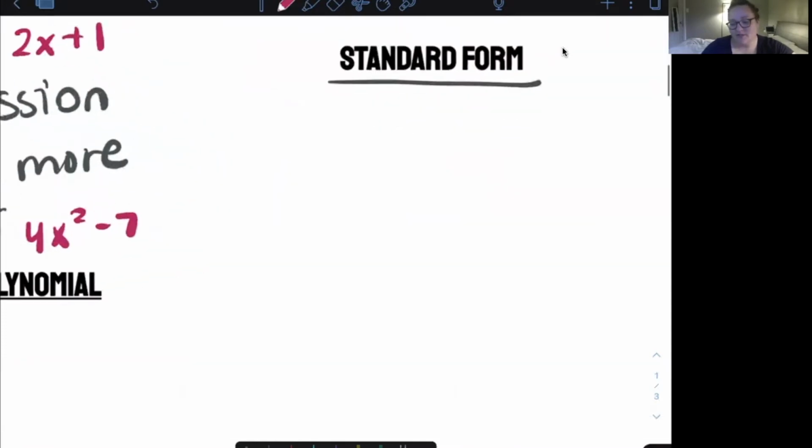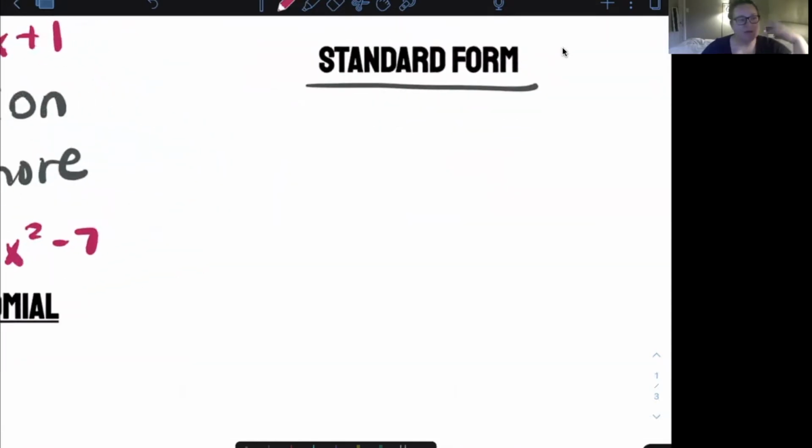All right, and then when we talk about standard form, we're talking about putting an expression in order by the degree of each term.